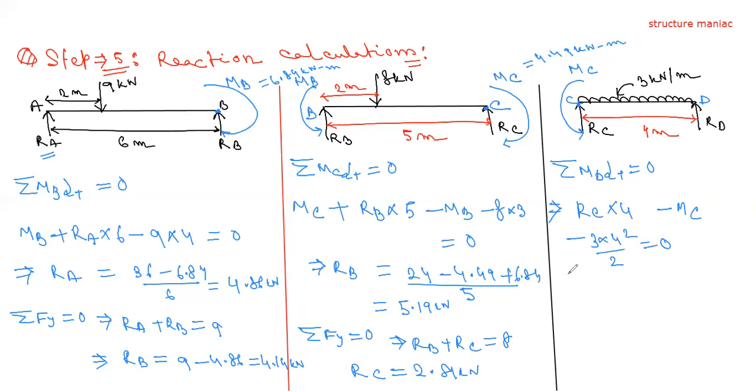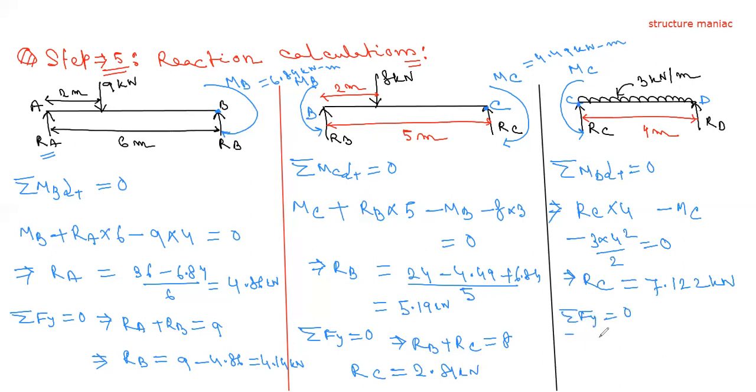So from here we get the value of RC as 7.122 kilonewton, and then apply summation Fy equal to 0.